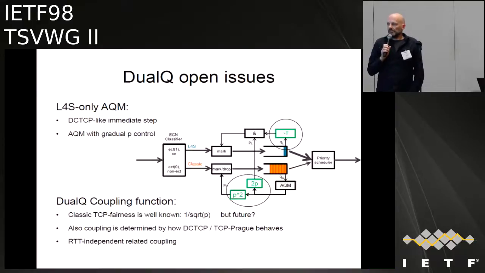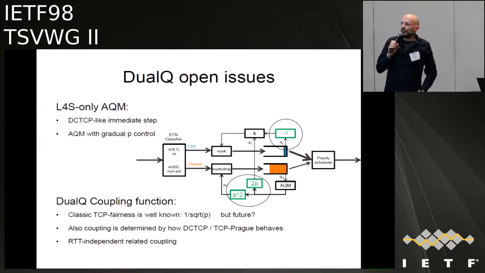The second topic is the other part of the coupling: the square that you see there, p square, goes to the classic, and there is another function which goes to the L4S traffic. That's currently 2 times. It's just because data center TCP, even with the square, is twice as window aggressive, let's say, as classic TCP.